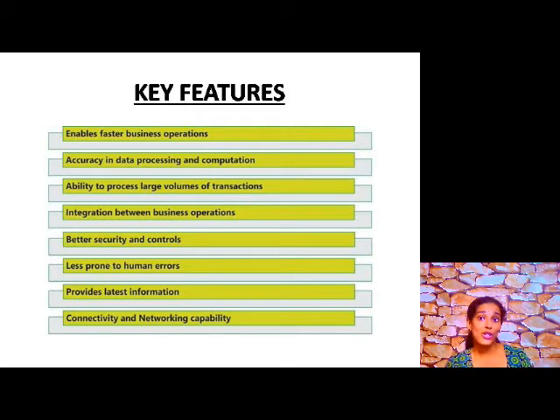And since I told about ERP systems, what does the ERP system actually do? It helps different departments within a particular organization to interact with each other. So say for example, there is HR, payroll, marketing, sales, accounting, finance, IT, different departments within an organization.